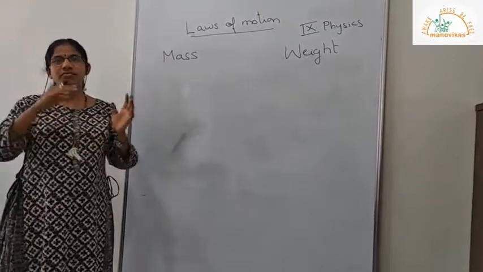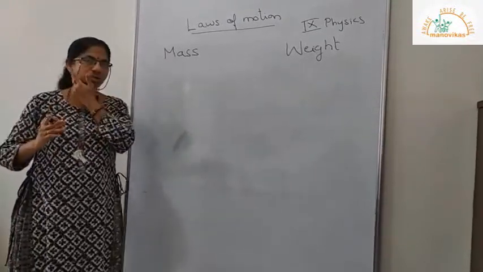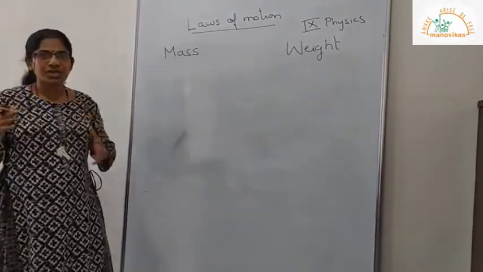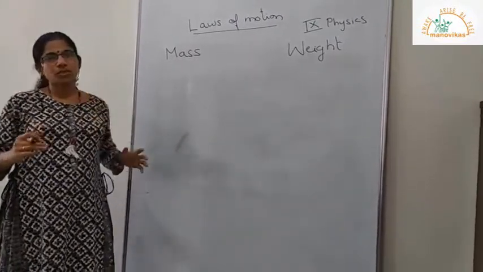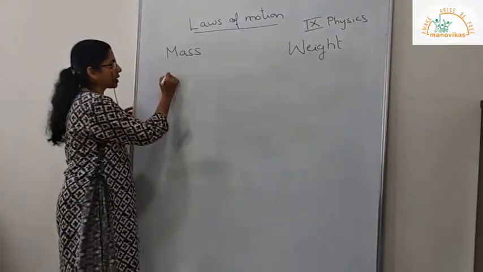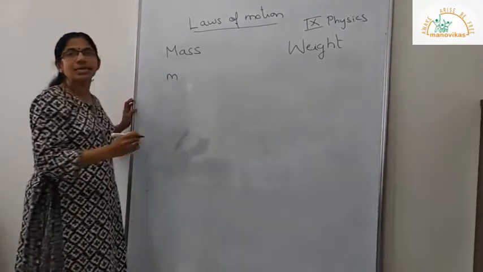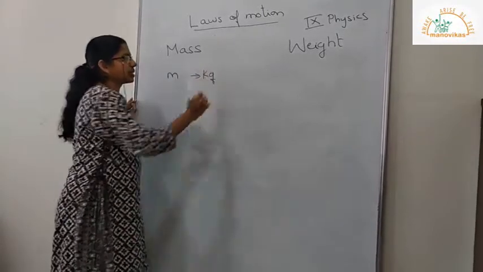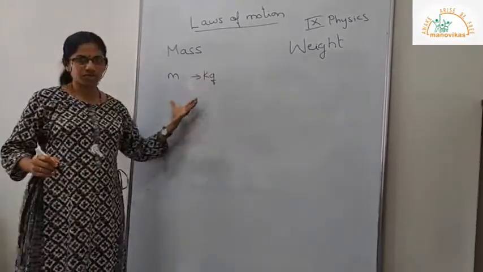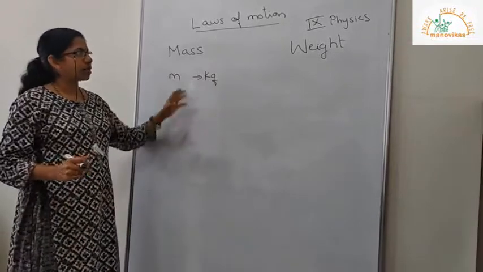It remains constant. Wherever you go, the mass of an object will not change, as it is the intrinsic property of that particular object. It is denoted by small m and its unit is kgs.